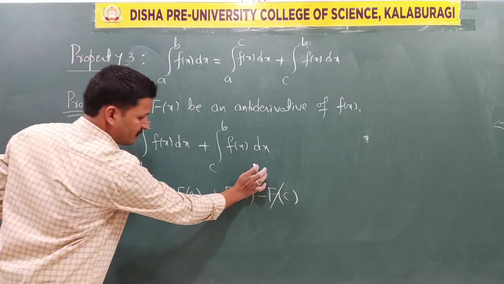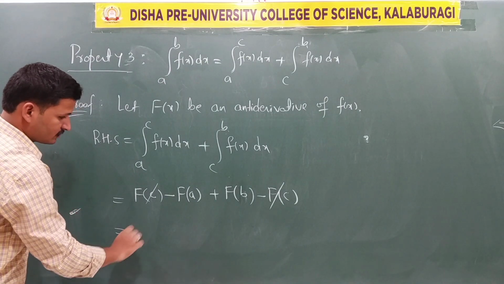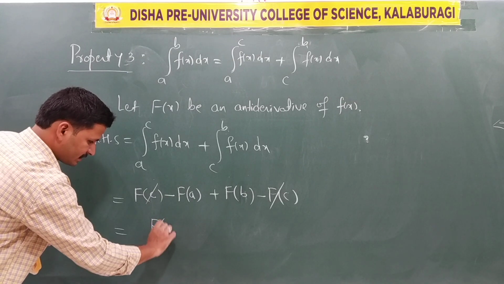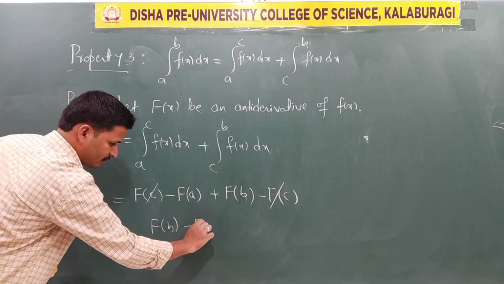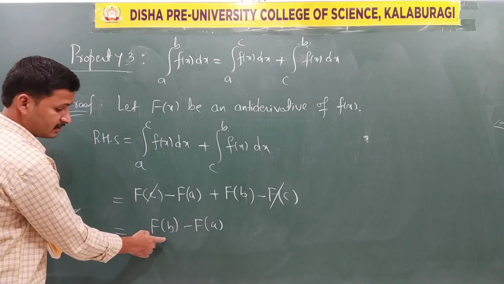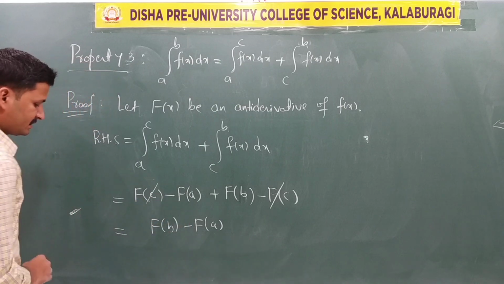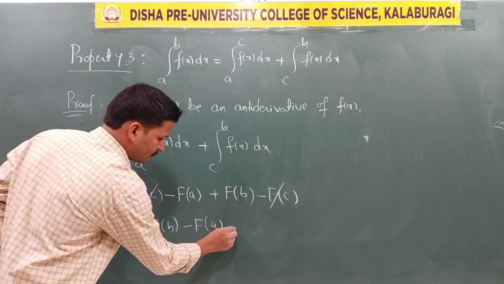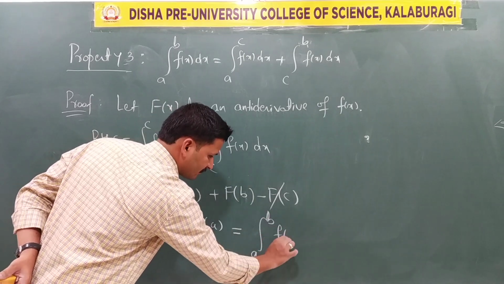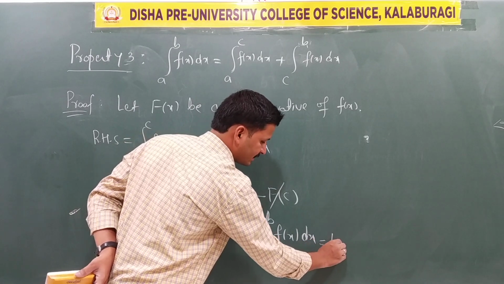So this is F of b minus F of a. Now minus F of a plus F of b can be written as F of b minus F of a. By using the fundamental theorem of calculus, F of b minus F of a can be written as the integral from a to b f of x into dx. So this is our left hand side, LHS.